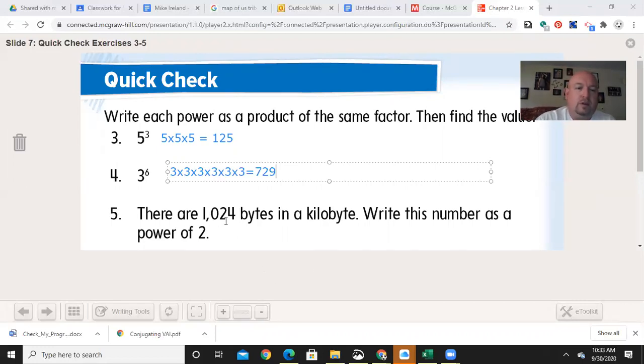All right, there are 1,024 bytes in a kilobyte. Write this number as a power of 2. So I'm going to use my thing here again. And obviously, as a power of 2, I know that the base is going to be 2. And then let's figure it out. We're going to count here. 2, 4, 8, 16, 32, 64.